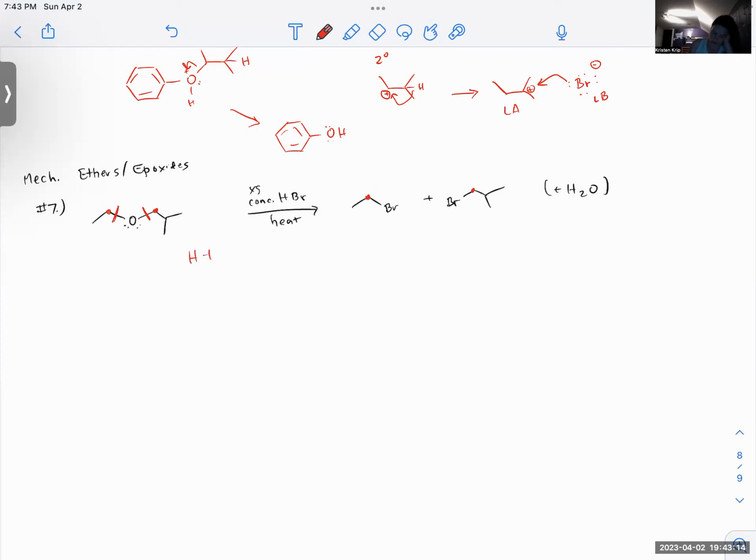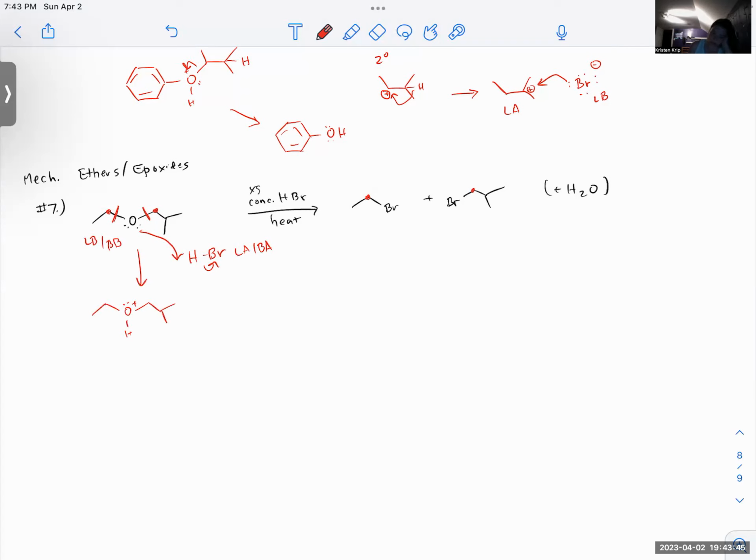So let's start with HBr. First step is always going to be protonating. So we're going to go ahead and protonate our oxygen. That makes this a Lewis acid, Bronsted acid, Lewis base, Bronsted base. And redraw.